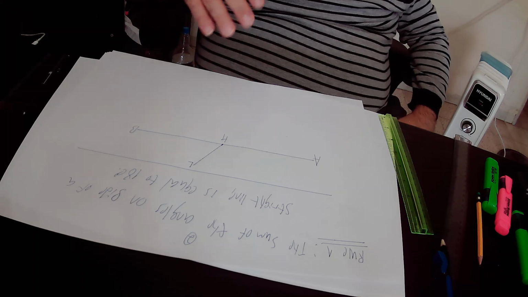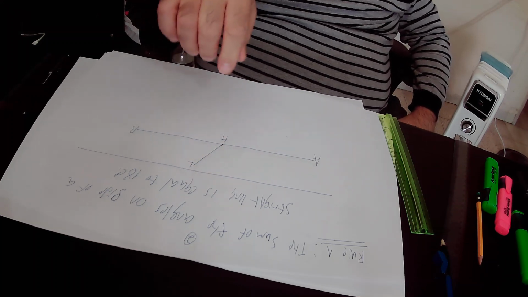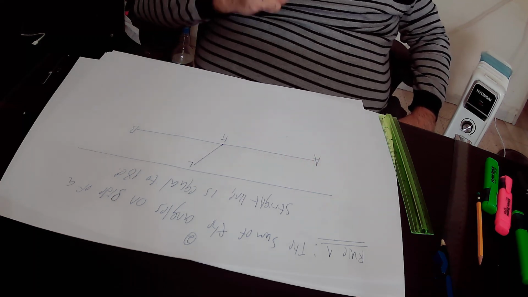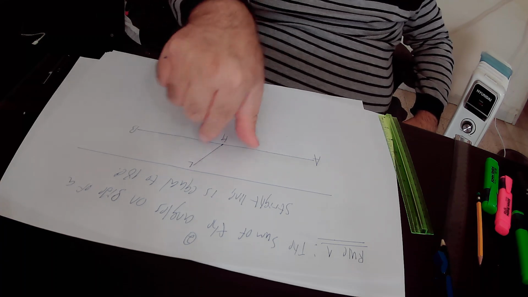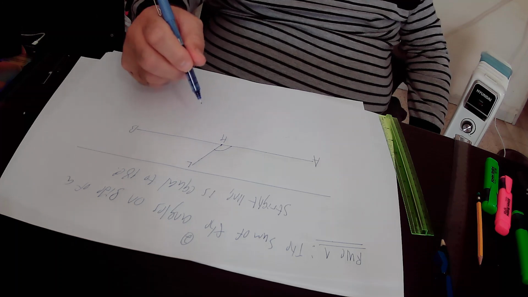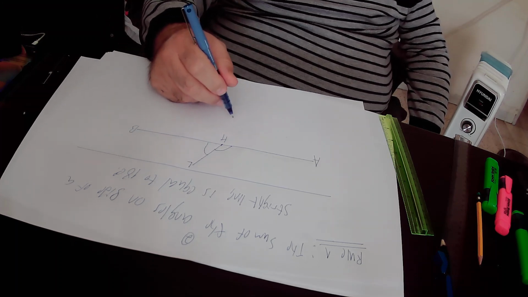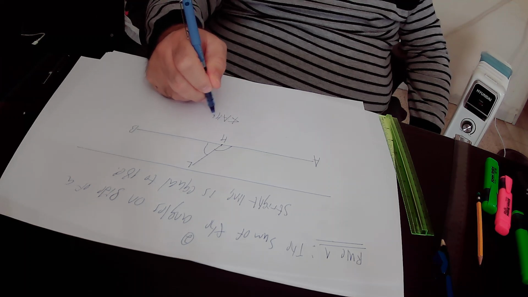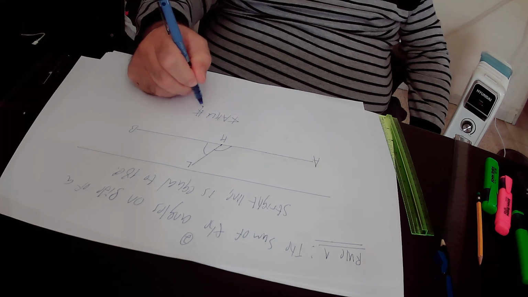So if we focus on the upper side of the straight line AB at point K, according to this rule number 1, the sum of the angles must be equal to 180 degrees. So which angles do we have at the upper side of AB at point K? We have angle AKL plus angle LKB.